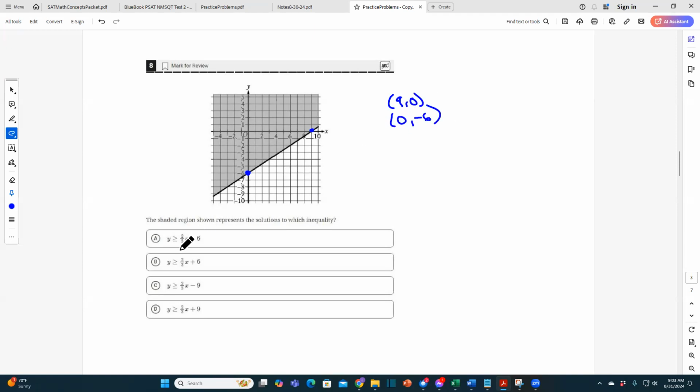Now here, all the answer choices have a slope of 2/3, so we don't really need to figure out the slope. We know the y-intercept is at negative 6. Only one answer choice has negative 6 as a y-intercept, so we do A. So this one's faster than putting them all on Desmos to see which one looks right. Okay, so if you can spot it right away, do it that way so it's faster.